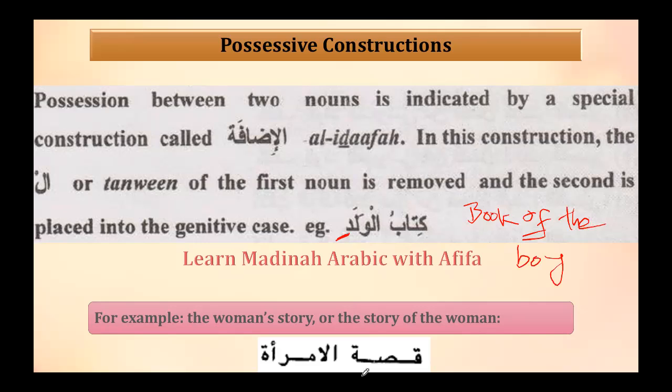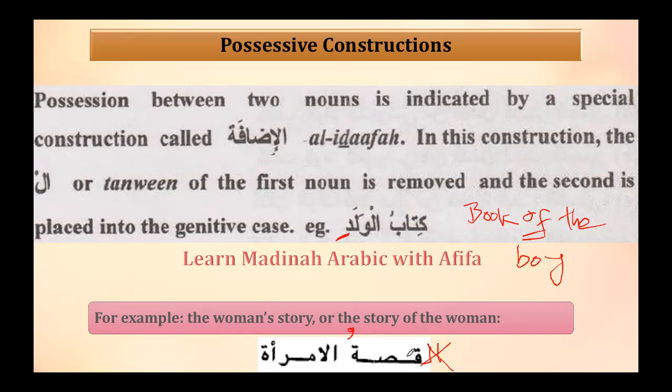Okay, so here kissatu means story, story of the woman. So the first term will not have an al. Do not put an al here, and it cannot have a tanween here. It will have a single dhamma, no tanween in the mudaf, no tanween in the first term.